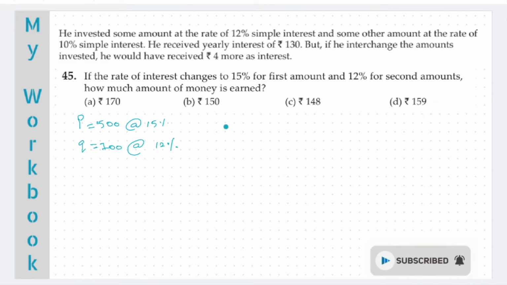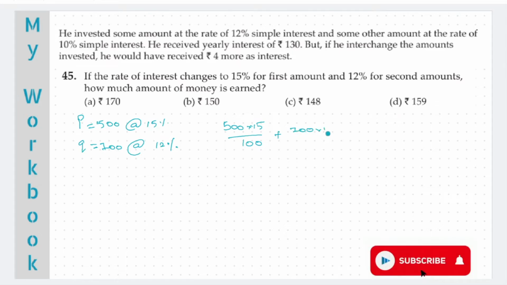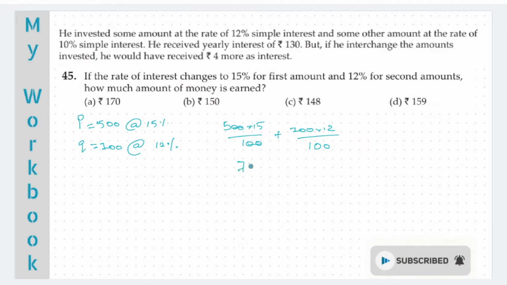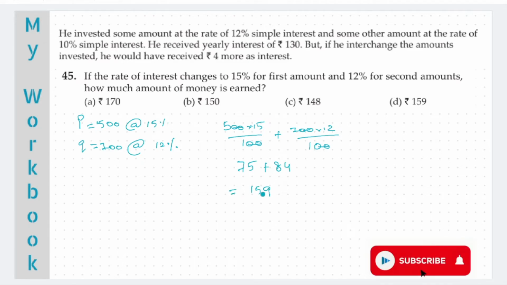So it will be principal into rate of interest by 100 plus principal into rate of interest by 100. This will be 75 and here it would be 84. So 75 plus 84 will give us 159. So the correct option is option D, 159.